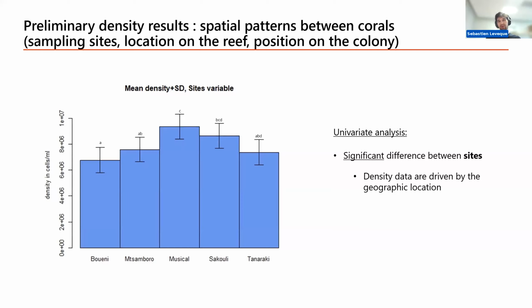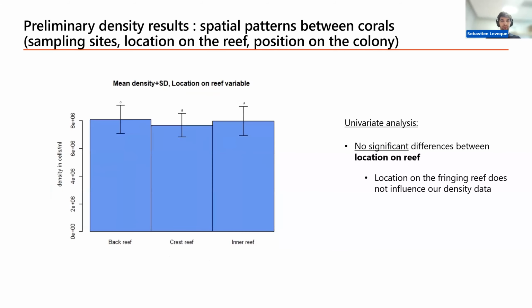When we move on to a thinner spatial scale, the location on the reef, so with samples that were close to the beach or close to the open sea, there seem to be no significant differences between the 3 locations within a reef.